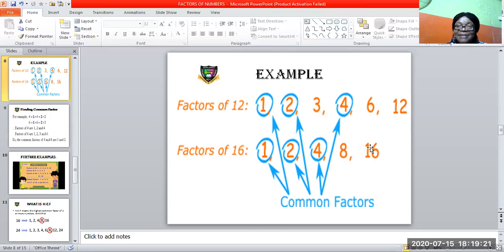Therefore, we say that 1, 2, and 4 are the common factors of 12 and 16. Is that clear? Beautiful.